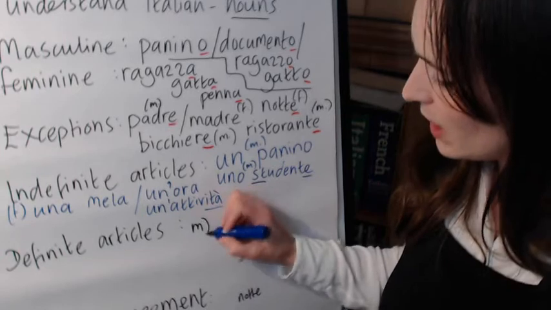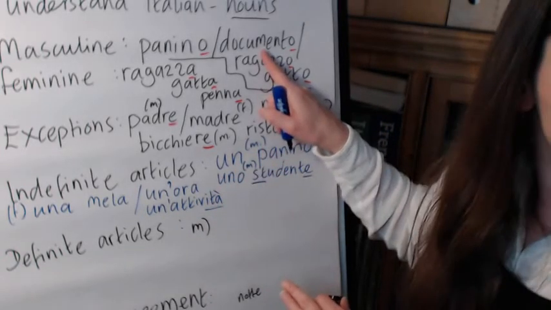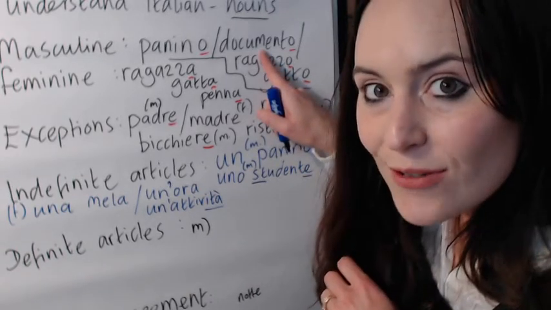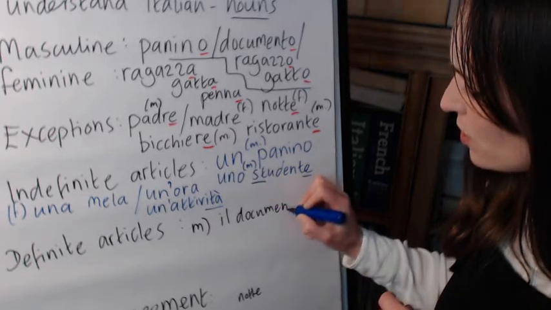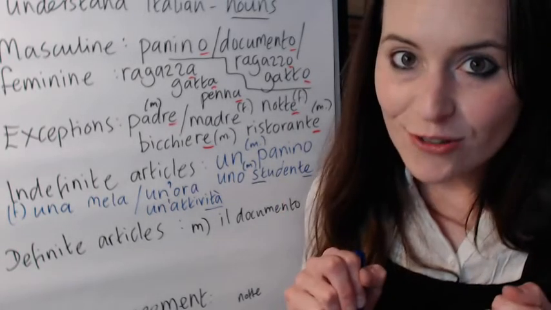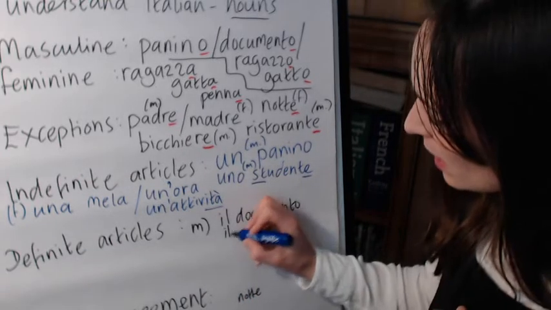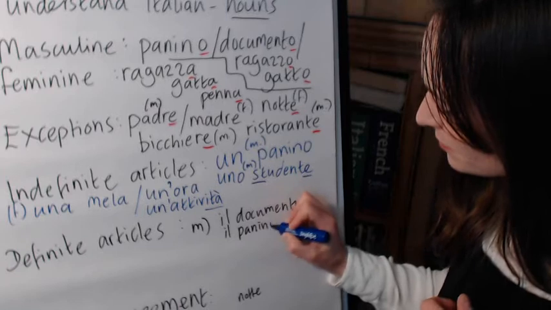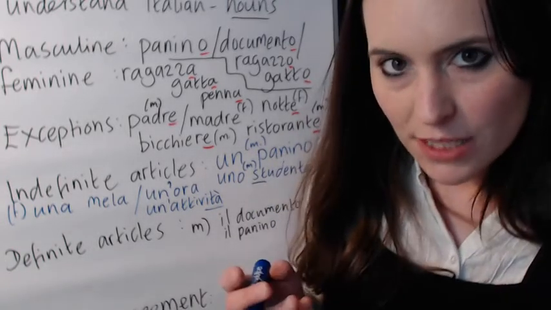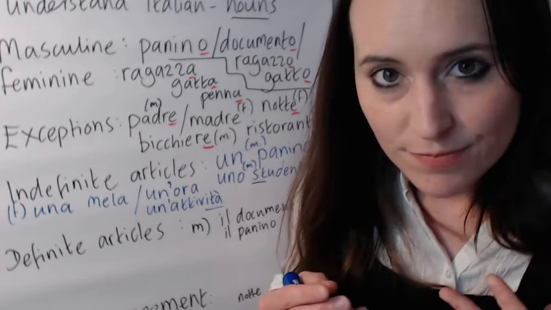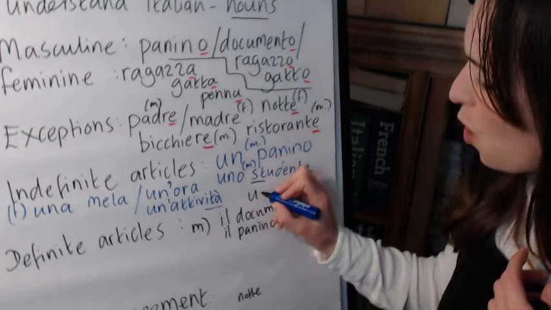So what do we have? Documento. Un documento is il documento, the document. Un panino, a sandwich, becomes il panino. Okay? Lovely. What if we have a masculine word that begins with a vowel, like this one? Uomo.